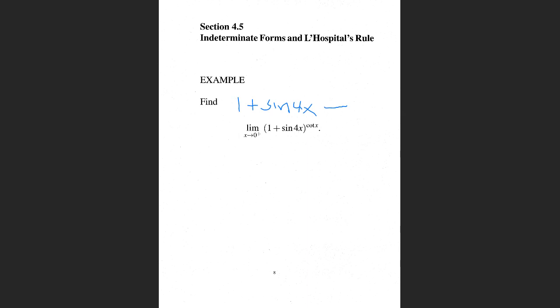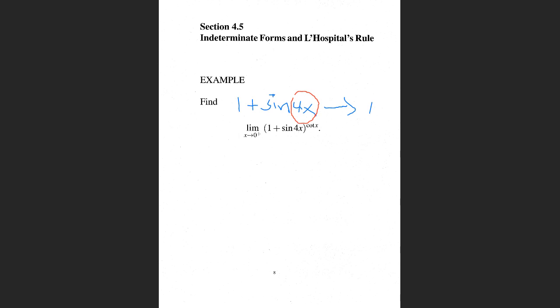What does this approach as x approaches 0 from the right? What does 1 plus the sine of 4x approach? 1. Good. That's right. It approaches 1, because 4x approaches 0.